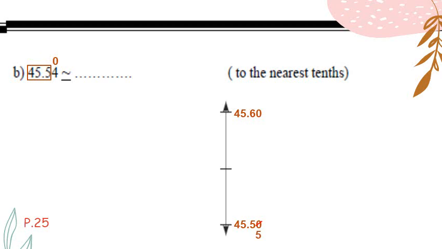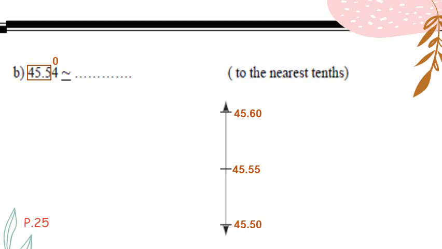So the midpoint number is 45.55. So now I have the three numbers, the smaller number, which is 45.50, the bigger number, which is 45.60, and the midpoint number, which is 45.55.